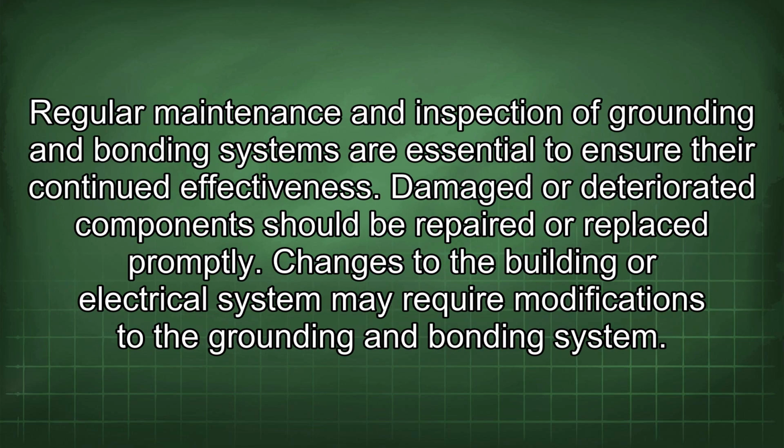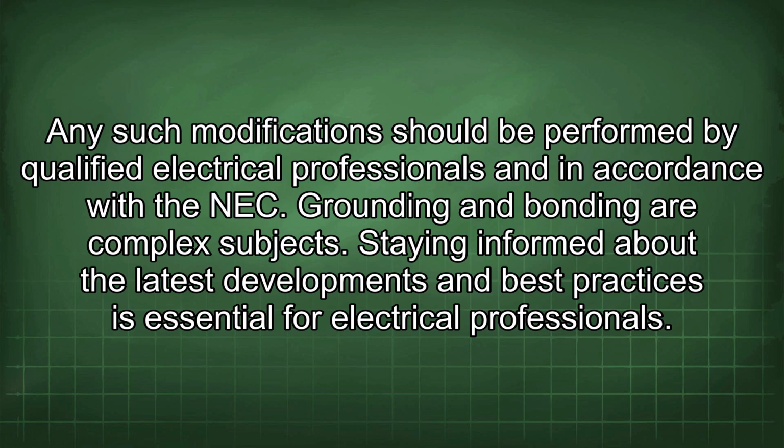Regular maintenance and inspection of grounding and bonding systems are essential to ensure their continued effectiveness. Damaged or deteriorated components should be repaired or replaced promptly. Changes to the building or electrical system may require modifications to the grounding and bonding system. Any such modification should be performed by qualified electrical professionals and in accordance with the NEC.